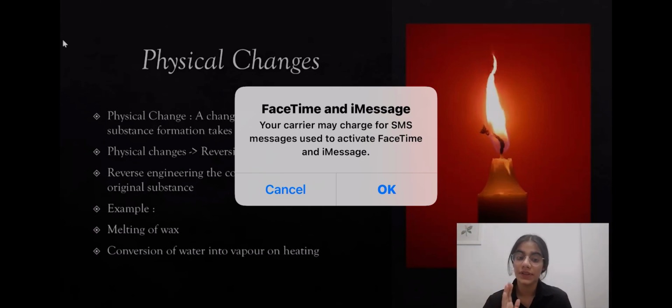Hence, no new substance formation takes place. Two examples that we just discussed are melting of wax and conversion of water into vapor. Both of them are examples of physical changes.